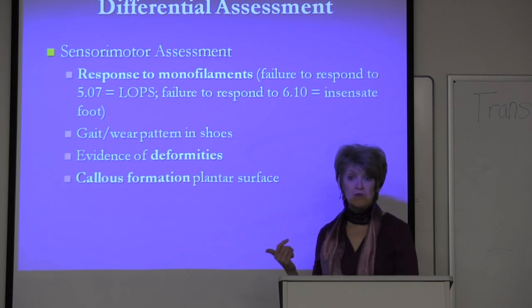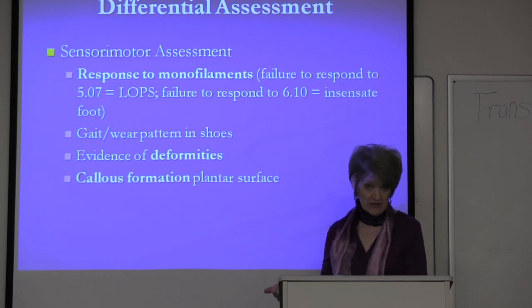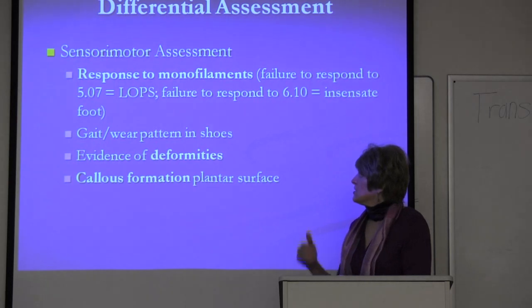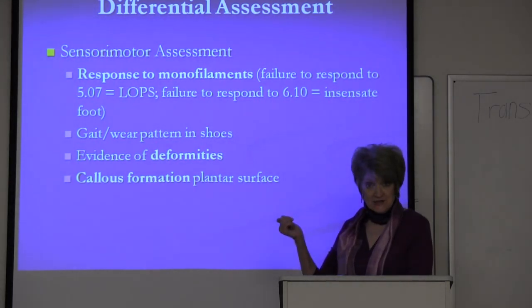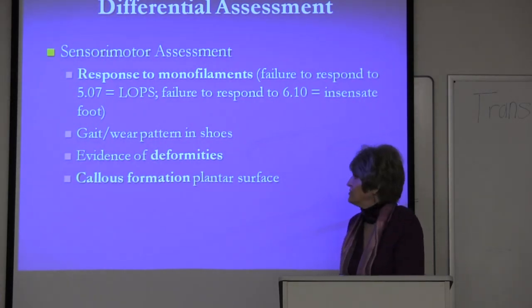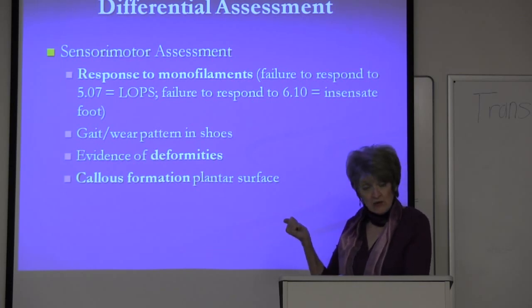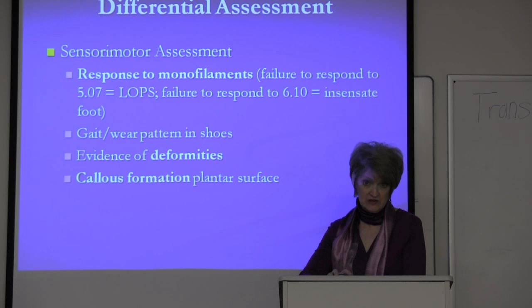And of course, the most important is checking with monofilaments, the 5.07 monofilament to determine loss of protective sensation. You also want to check for position sense to see if the patient knows where their feet are in relation to space. You want to look for any deformities that would be indicative of motor neuropathy. You want to be very alert to callus formation because that's a pre-ulcerative lesion.